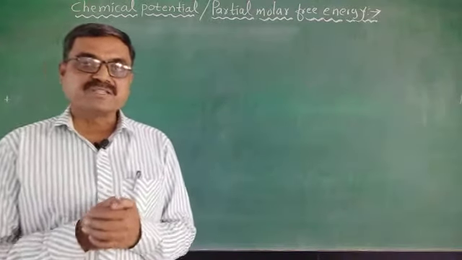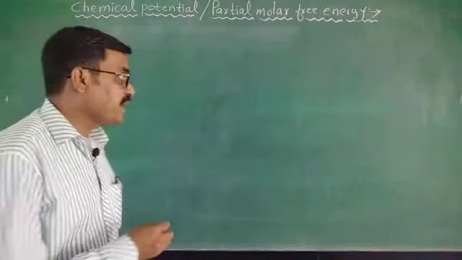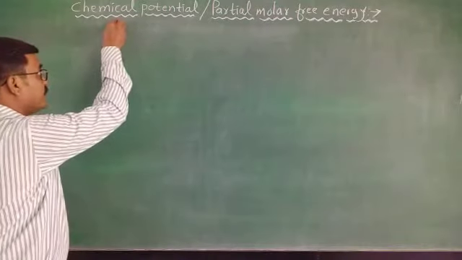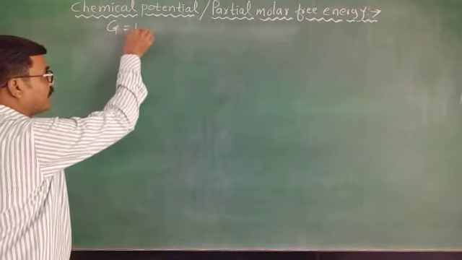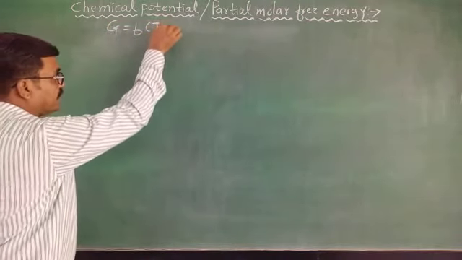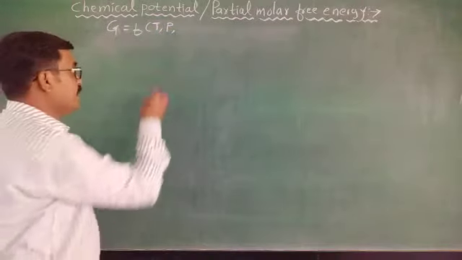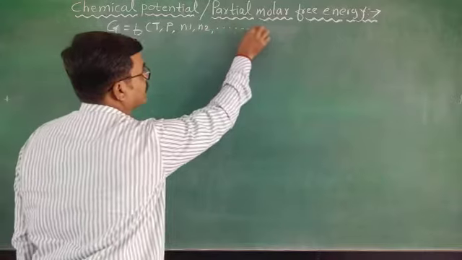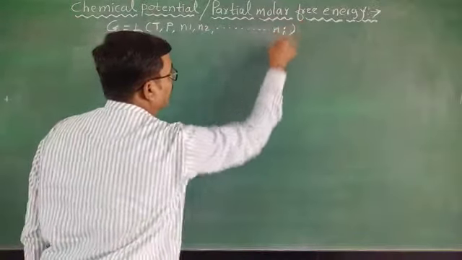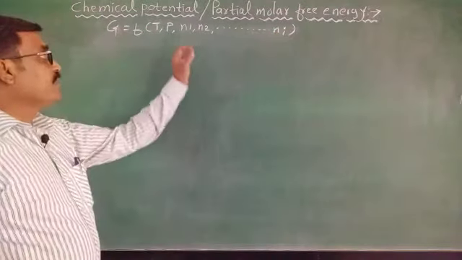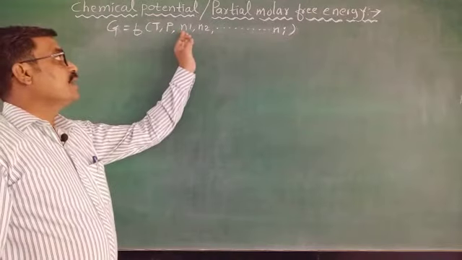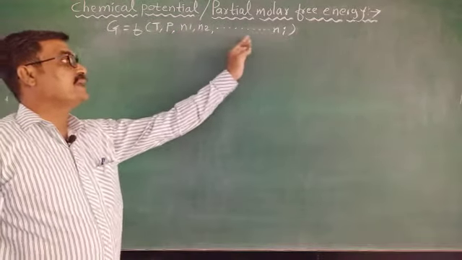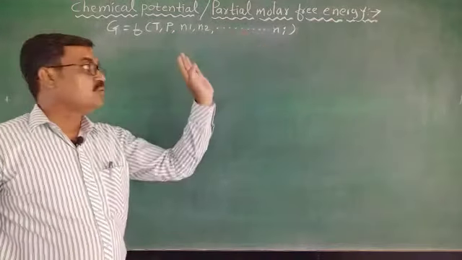Then for such a system, the Gibbs free energy G is a function of temperature, pressure and number of constituents of the system. And here we consider the number of constituents are N1 mole, N2 mole, up to Ni mole.